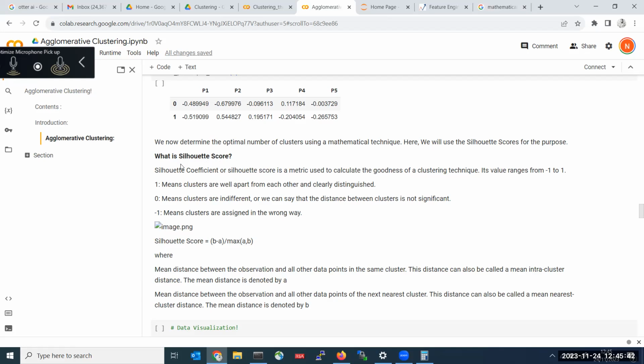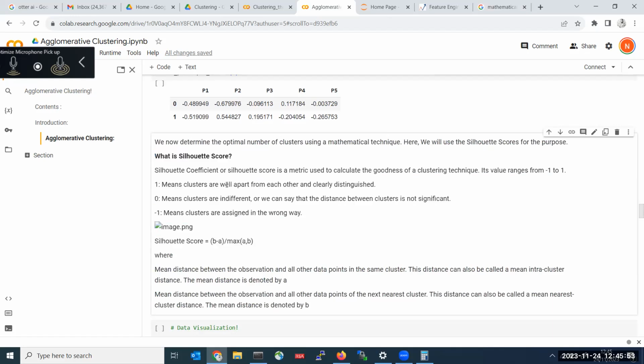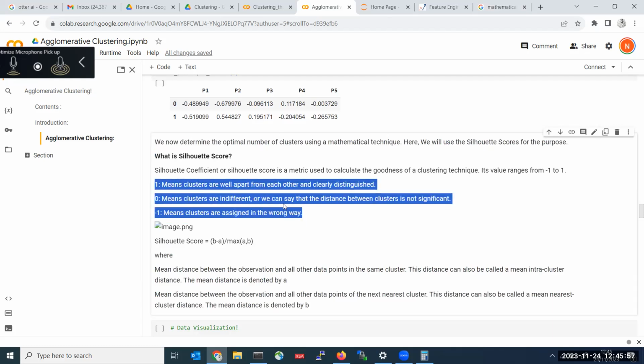For this session, we will confine ourselves to the Silhouette score only. This Silhouette score normally ranges between -1 and +1. If the value is near +1, that means all the clusters are divided perfectly. If the Silhouette score is 0 or negative, that means the clusters are not divided perfectly. That is the difference.